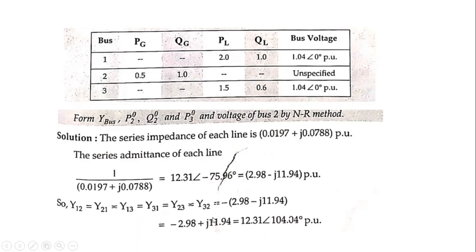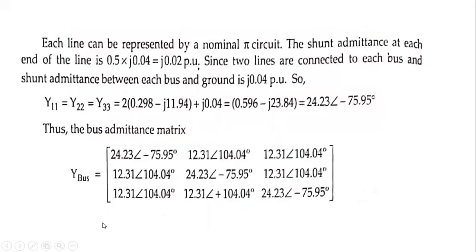After that we determine the diagonal elements Y11, Y22, Y33, equal to 2 times the admittance value plus the shunt admittance j0.04. Then we form the Y bus matrix with Y11, Y22, Y33 on the diagonal and Y12, Y13, Y21, Y31, Y23 elsewhere.